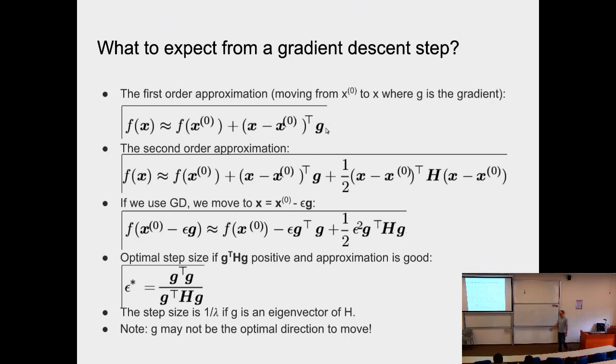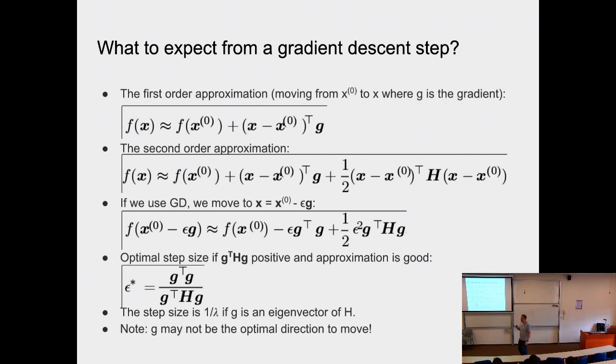Where did this come from? This is the dot producting of a particular direction with the gradient. And what did that give us? That gave us the directional derivative, right? So if I'm stepping in the x minus x0 direction a certain distance, then the change I expect from the first derivative is going to be that step dot producted with the local gradient. That's the first order approximation. Any questions?